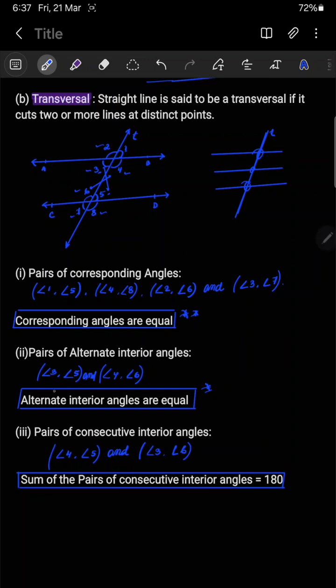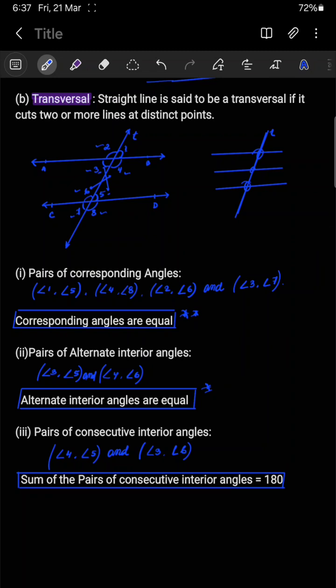So angle 3 and angle 5 are equal, and angle 4 and angle 6 are equal. If angle 3 is 75, angle 5 is also 75; angle 4 is 80, angle 6 is also 80. You have to remember that point.